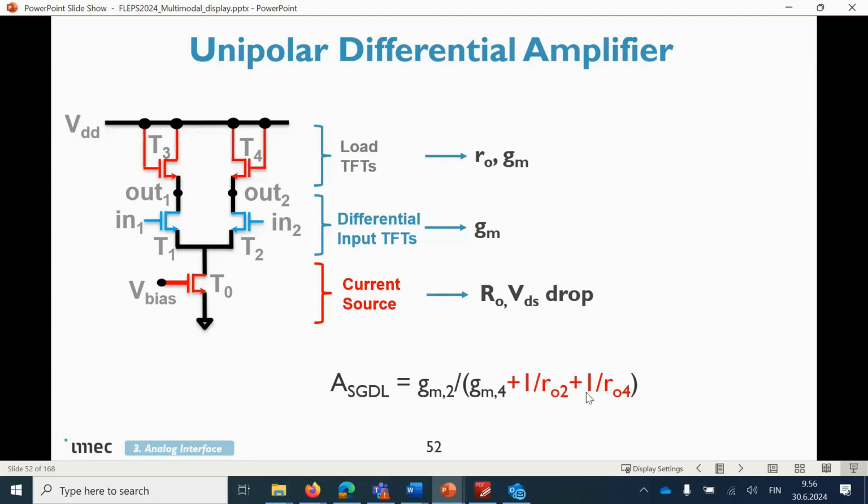If you try to minimize the two output resistances as much as possible, then the GM2 over GM4 will define your gain. So you want the GM2 to be much larger than the GM4. This is practically done by having much larger transistors, T1 and T2, over T3 and T4. But of course, there is some limit because these output conductances are not actually zero.